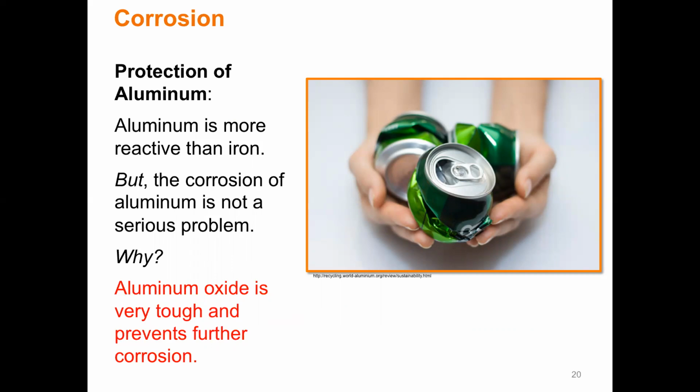So this is why aluminum products last longer. They don't tend to break down, even though they're more reactive than iron, because of that aluminum oxide. So it's sort of like the product of the oxidation acts to protect the aluminum underneath, which is an interesting idea, right? This is the benefit of using aluminum for pots and cans and that kind of thing.